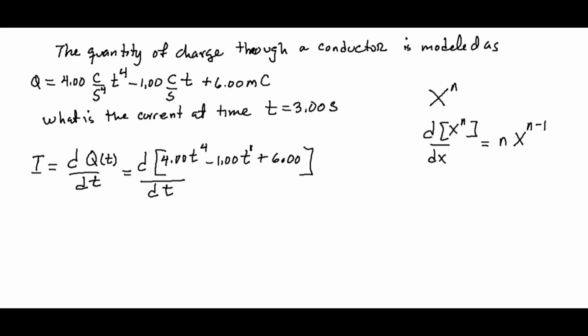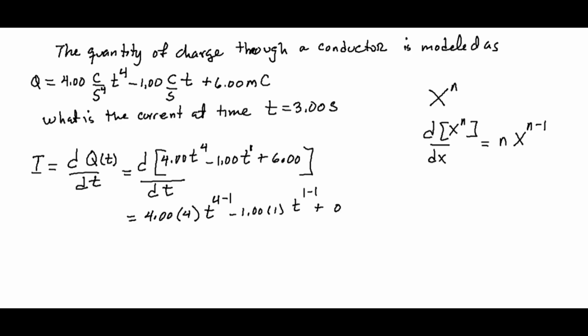So when you find the derivative, it is 4.00 times 4 t to the 4 minus 1, minus 1.00 times 1 t to the 1 minus 1, plus, this one has a t to the 0, that's why the constant, the derivative of a constant is always 0. So at the end, this is just 0.